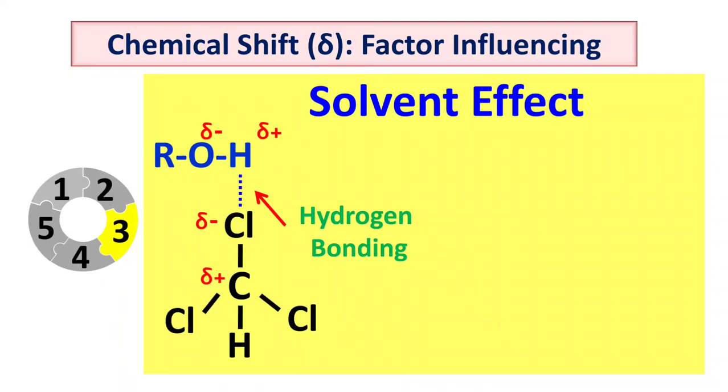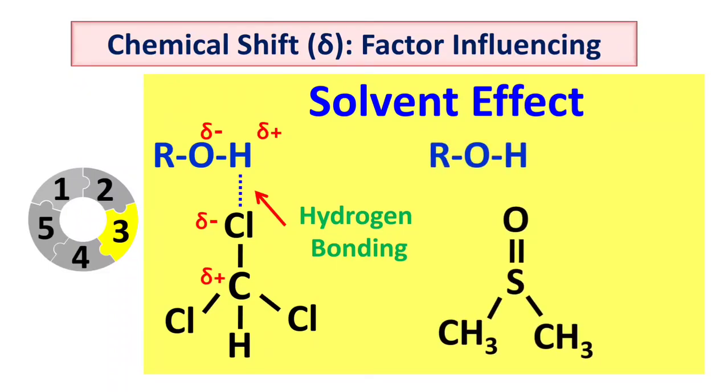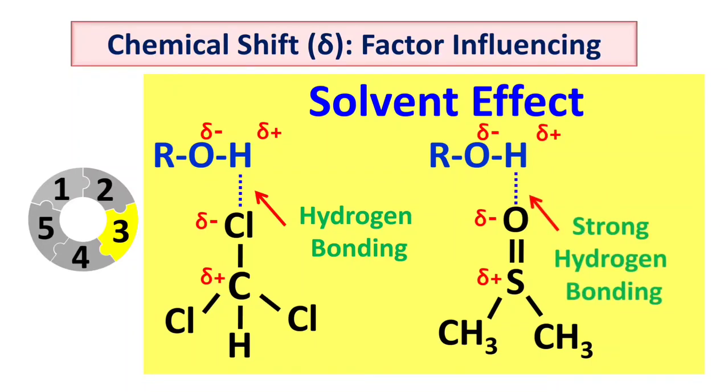Next, let's change the solvent. Now we are using dimethyl sulfoxide, that is DMSO, as the solvent, and alcohol is the sample, and basically both are polar in nature. So here the hydrogens of alcohol now engage in interaction with the oxygen of DMSO via strong hydrogen bonding.